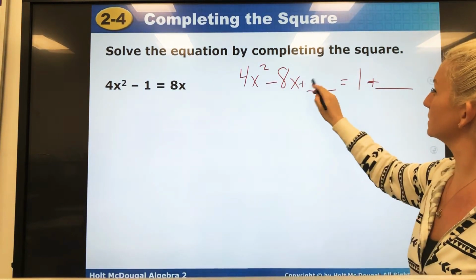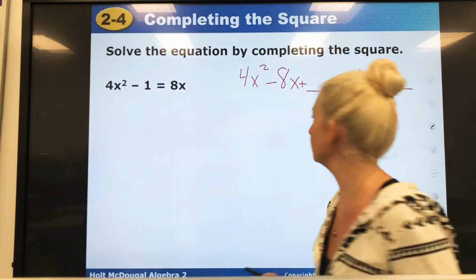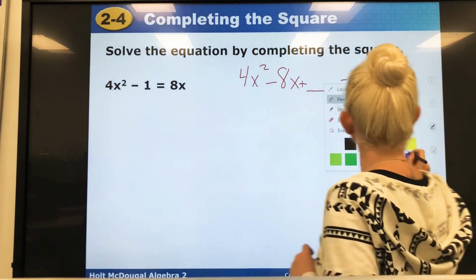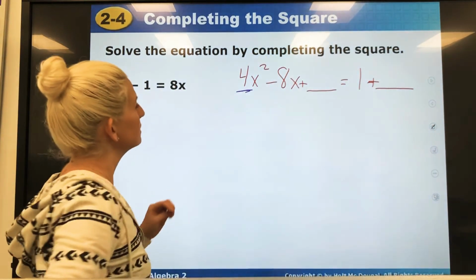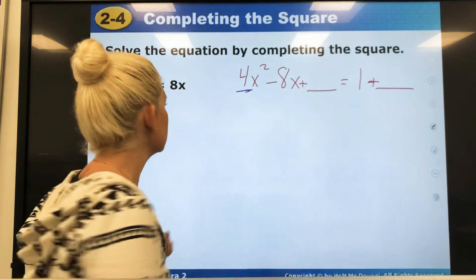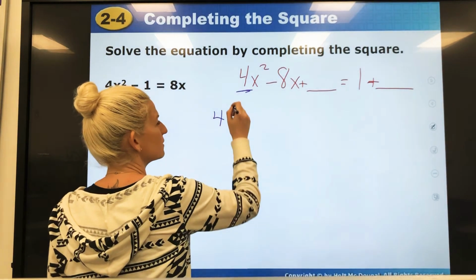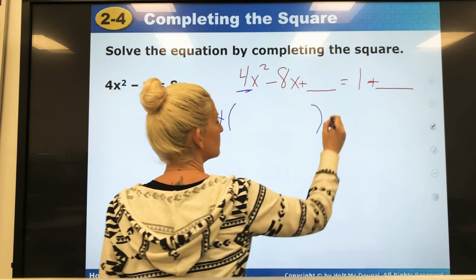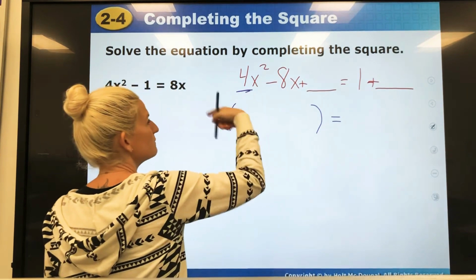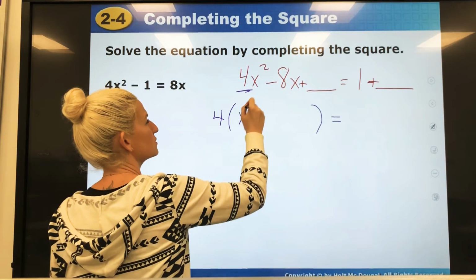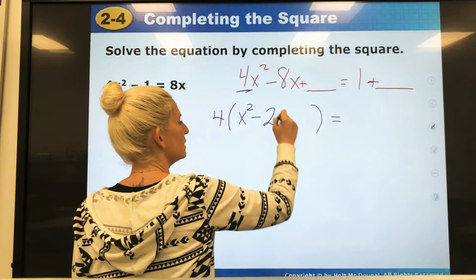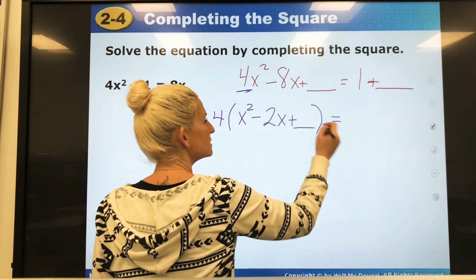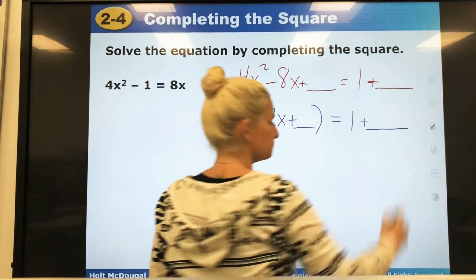I'm going to add something here and something there, okay? So now, what am I going to do with this a? I have to take that a out of here. I'm just going to factor it out. I'm not going to get rid of it. So if I factor out a 4, what do I get? I get x squared minus 2x, and then I still have a space here and a space here.